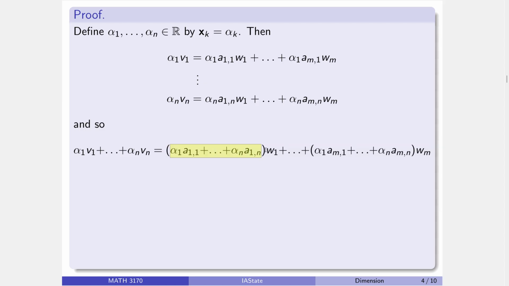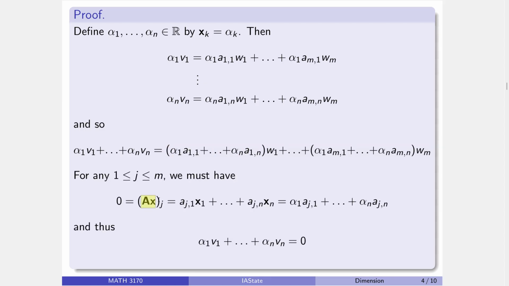And upon closer inspection, we know that A times x is equal to 0, and if you look at the jth entry of this vector, it just so happens to be the coefficients on all these w's. And that means this is a trivial linear combination. That should be the 0 element of the vector space, not the number 0. Let me quick fix that.